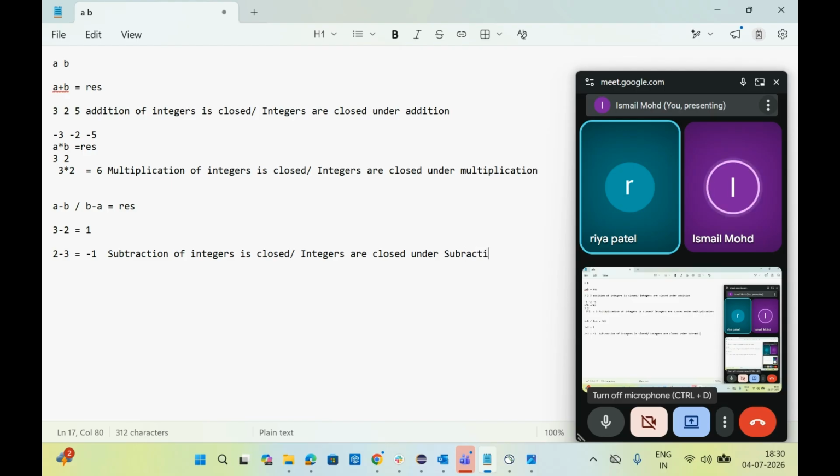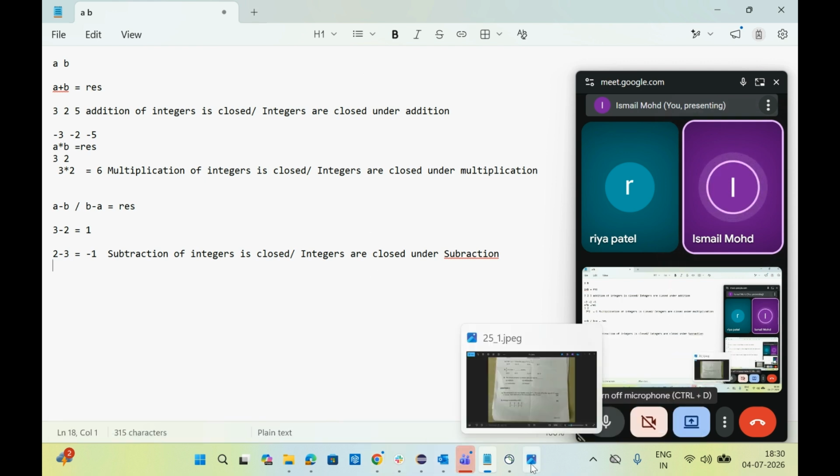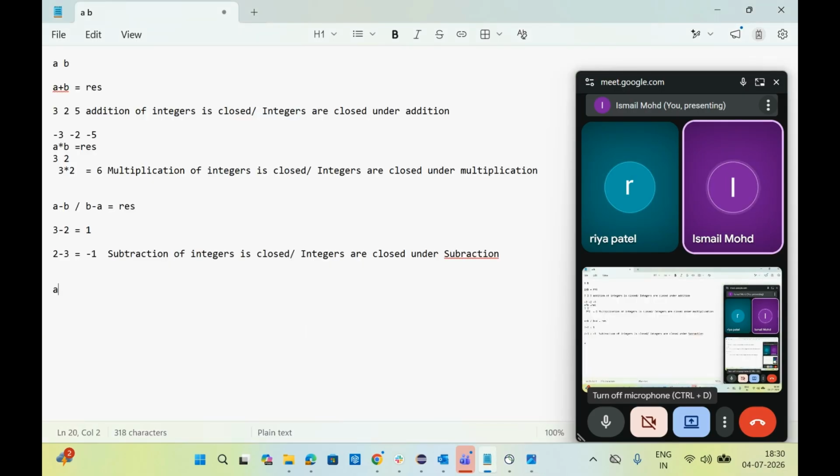But if you take the final one, all these things hold. He is asking which does not hold, so obviously the answer is division. Why division? If you take two integers a and b and do the division a divided by b, you get some result. If a, b and the result are all integers, then it is closed under division. For example, take the same two numbers, 3 divided by 2. What is the result?